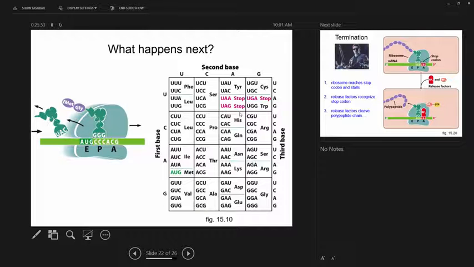Okay, so the way that we always write sequence for messenger RNA or transfer RNAs is going to be 5' to 3'. So if the messenger RNA here is 5' on the left and 3' on the right, what's the anticodon here is going to be what's over here and what's over there. Opposite. So 5' here and 3' there.